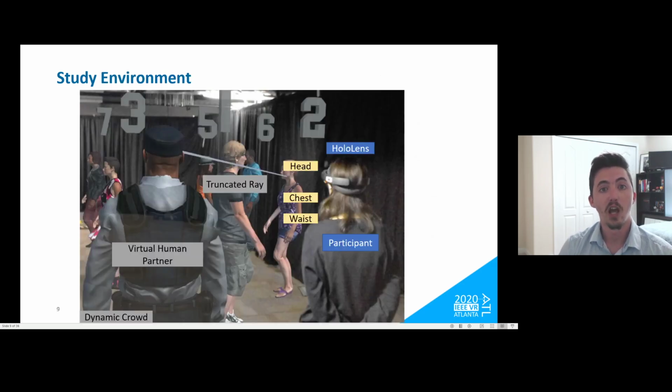Here's a quick screenshot of our study setup. So we have our partner wearing the HoloLens, our participant wearing the HoloLens on the right here, and she is viewing this crowd of virtual people. To her left stands this virtual partner who is shown as a police officer and is sharing his gaze information, which in this case is a truncated gaze ray, which is observing the lady in the purple shirt.